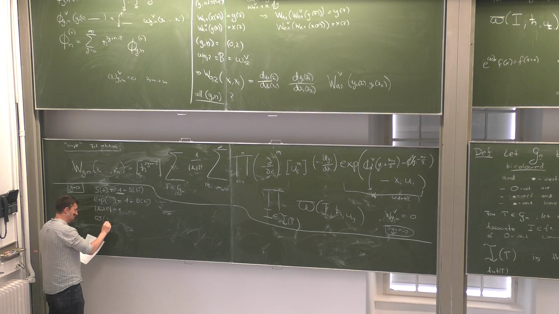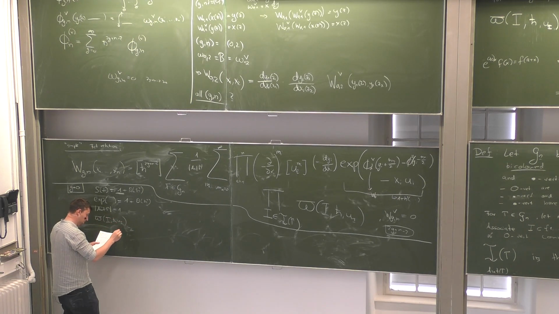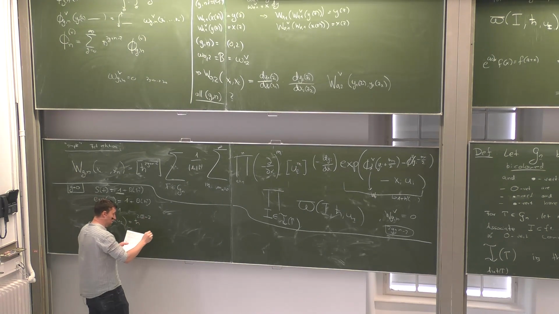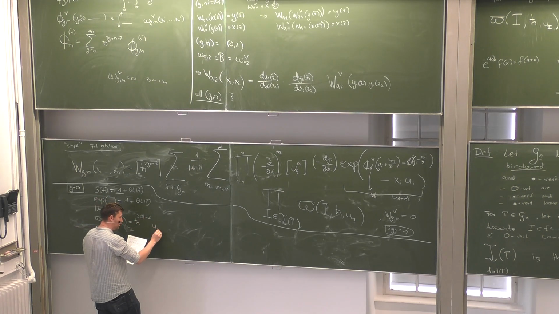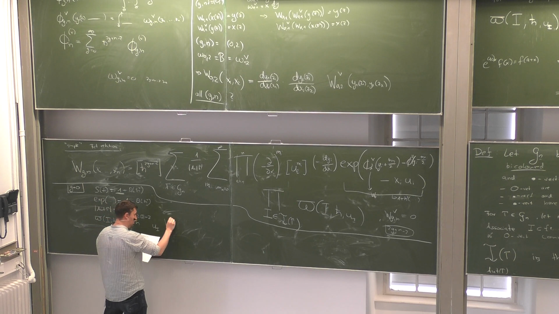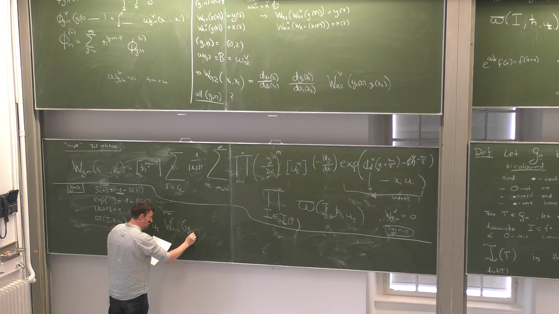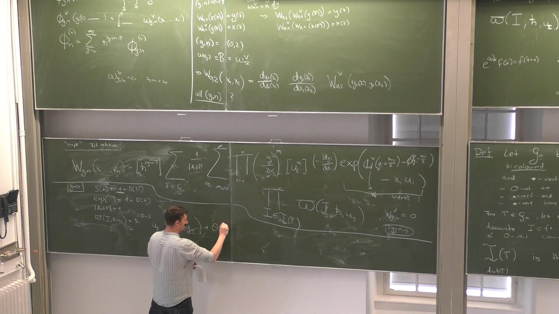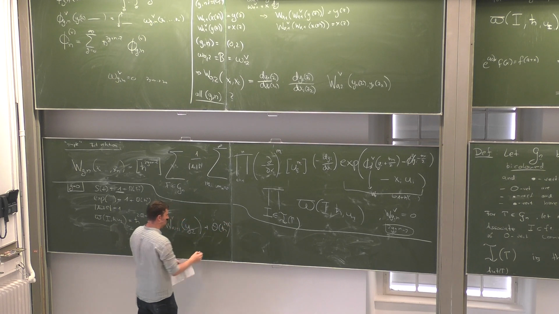These weights are the following, where we have here the u i's, w check 0, I, y I, plus something of higher order in h bar, which is like 2i. Okay?